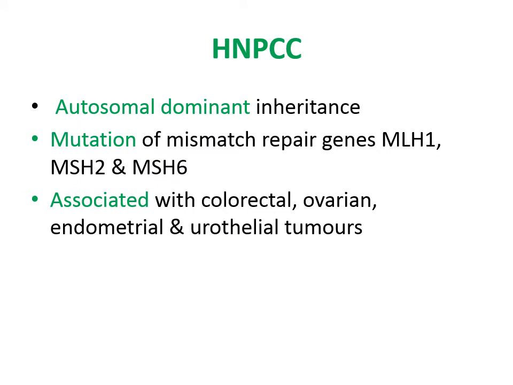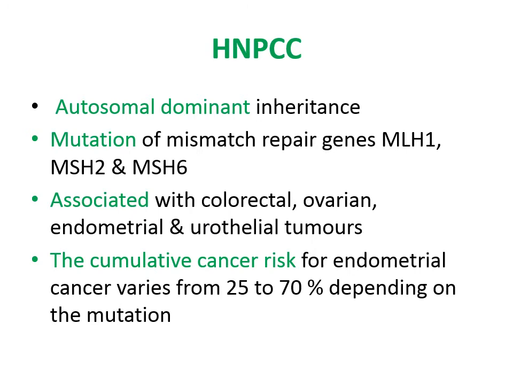It is associated with colorectal cancer, ovarian cancer, endometrial cancer, and urothelial tumors. The cumulative cancer risk for endometrial cancer in those carrying this mutation or this hereditary non-polyposis colorectal cancer syndrome varies from 25 up to 70%, depending on the type of mutation.